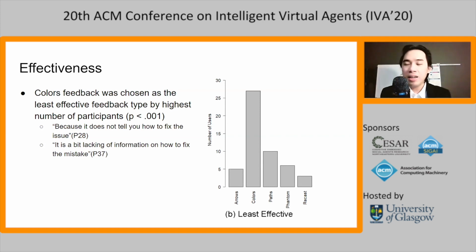Interestingly, this is the only feedback type that got comments from participants saying it is the only feedback that provides positive reinforcement for their correct performance, using the blue color. So that's an interesting thing: even though this one was rated as the least effective by the highest number of people, it's also useful in some way.